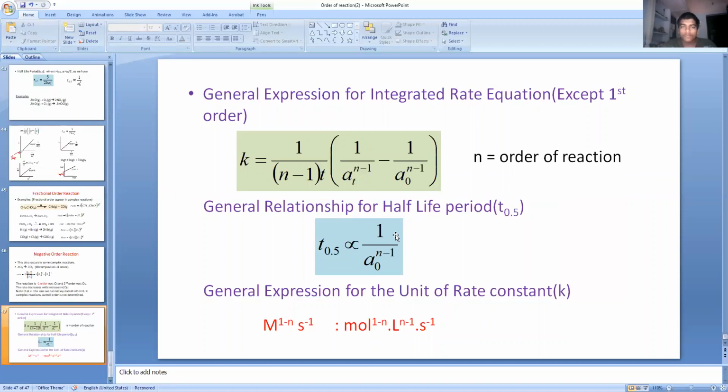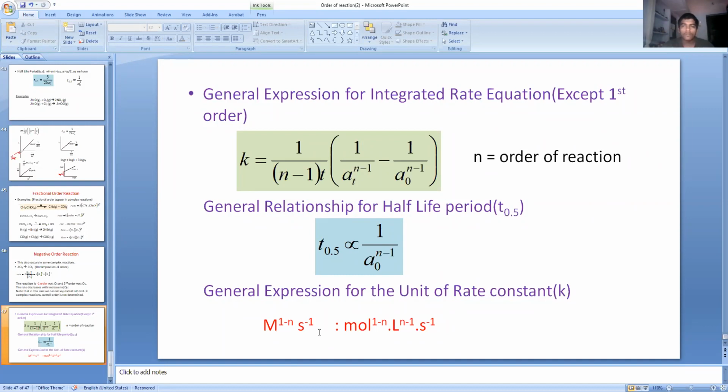But for a second order reaction, every half-life period is double the previous half-life period. If n is 0, then at 0 it is minus 1, so it goes to the numerator. So it is directly proportional to the initial concentration. So every half-life period is half of the previous half-life period. For a third order process, every half-life period is a quarter of the previous half-life period.